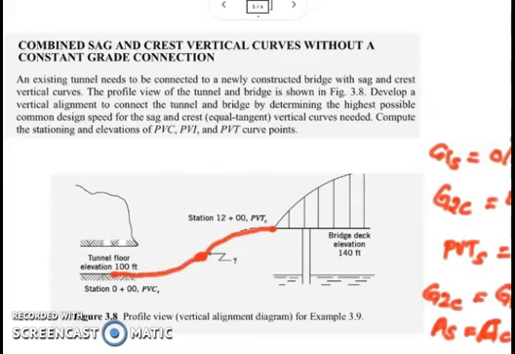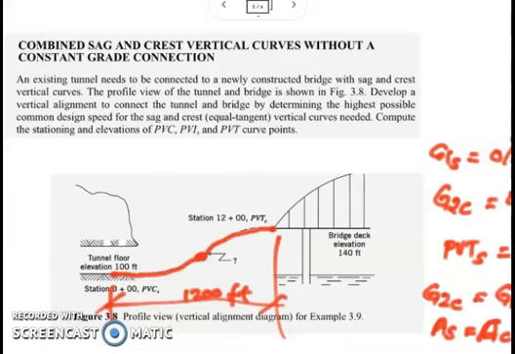So since the distance from the tunnel towards the bridge is 1,200 feet, or that is 12 stations.